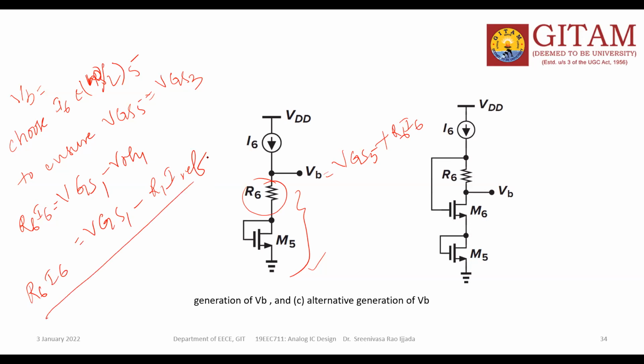Okay, this translates to what? From this we can write VGS1 is equal to R1 I reference plus this one, R6 I6. Clear from the circuit.